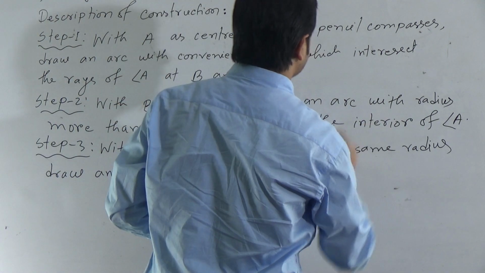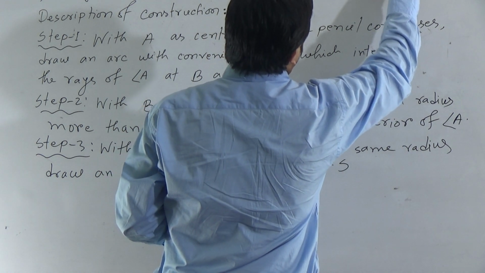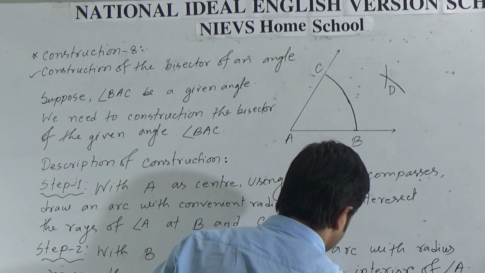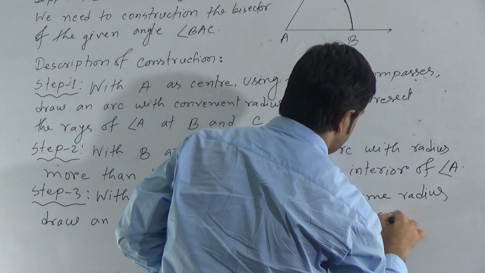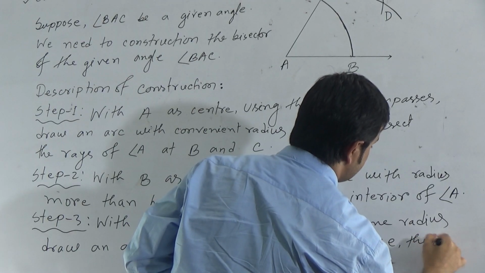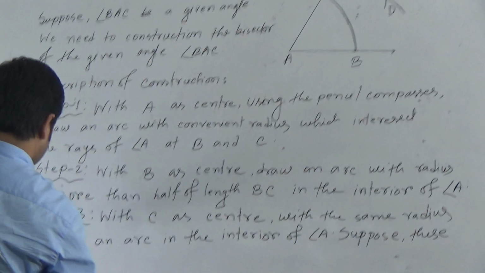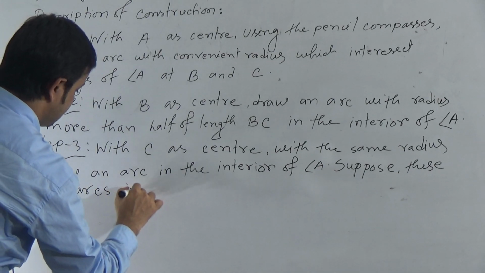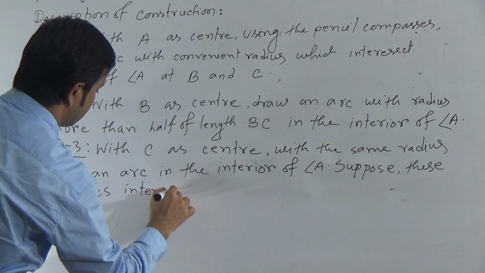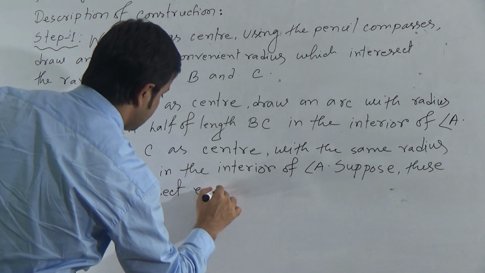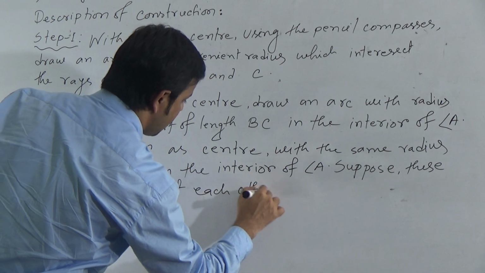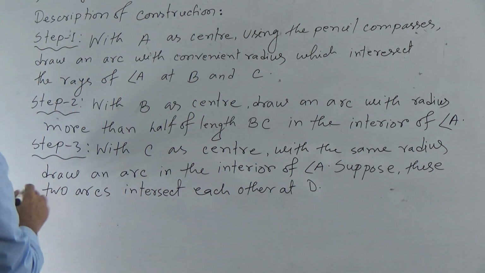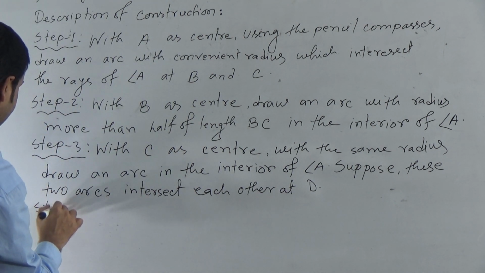Suppose these two arcs intersect each other at D. Now next step, step 4.